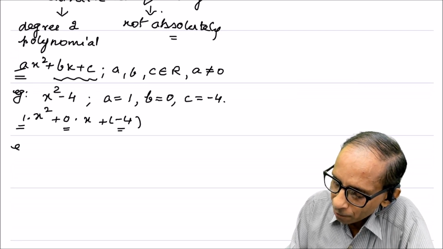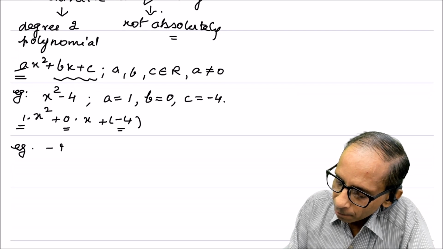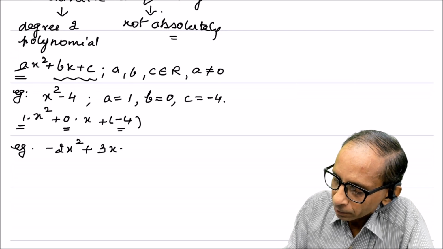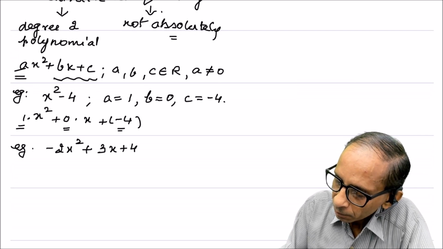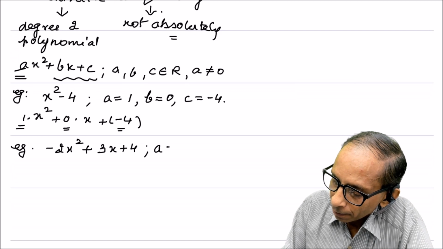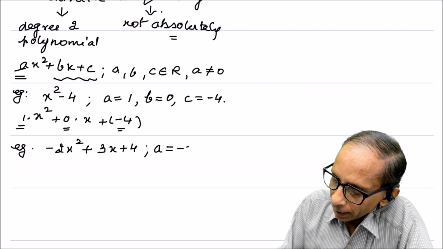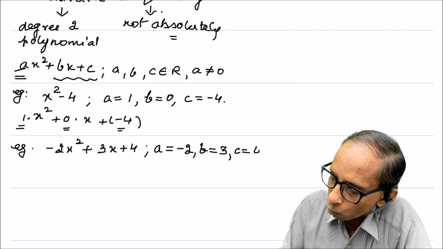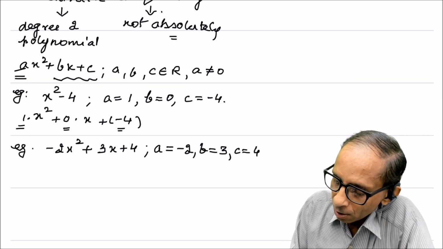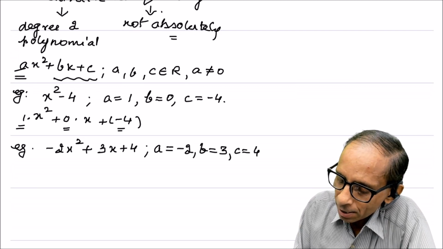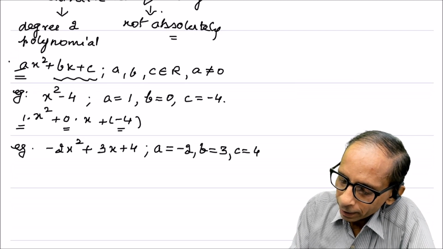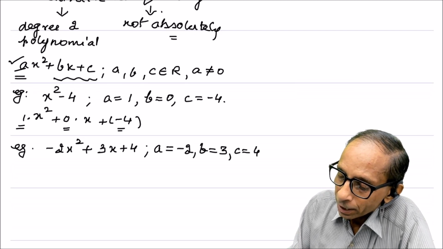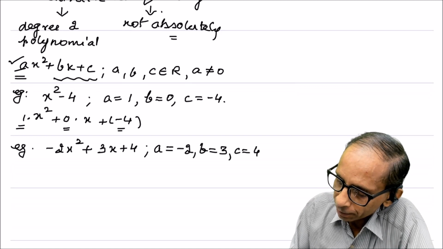We may also have as an example minus 2x square plus 3x plus 4, where again by comparison a is minus 2, b is 3, and c is going to be 4 for us. So what we have seen above is what is a quadratic expression and typical examples of it.